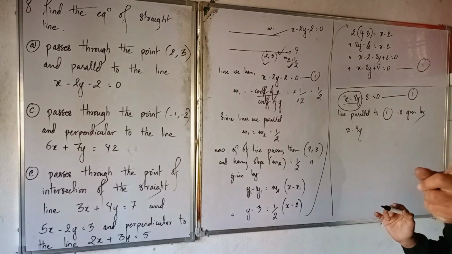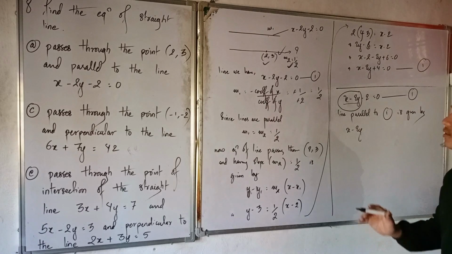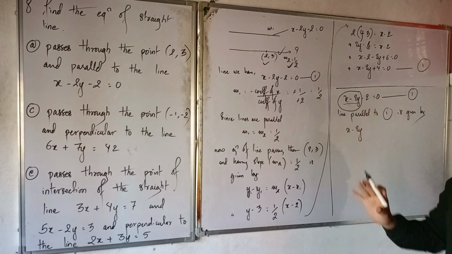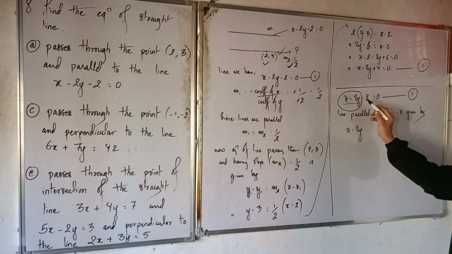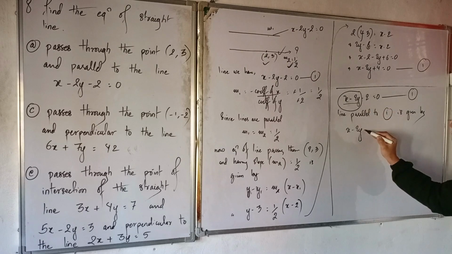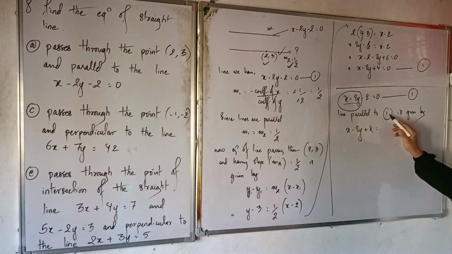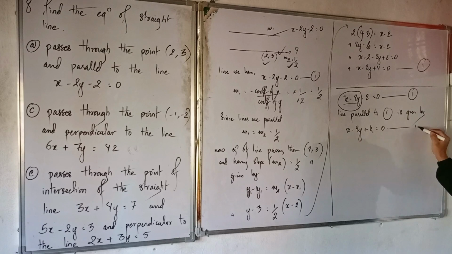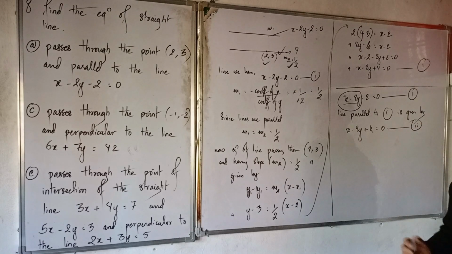Only the constant term gets a different value. So here, instead of minus 2, you can write k, since we don't know its value. So the line parallel to line 1 is given by x minus 2y plus k equals 0. Let's suppose this is line 2.